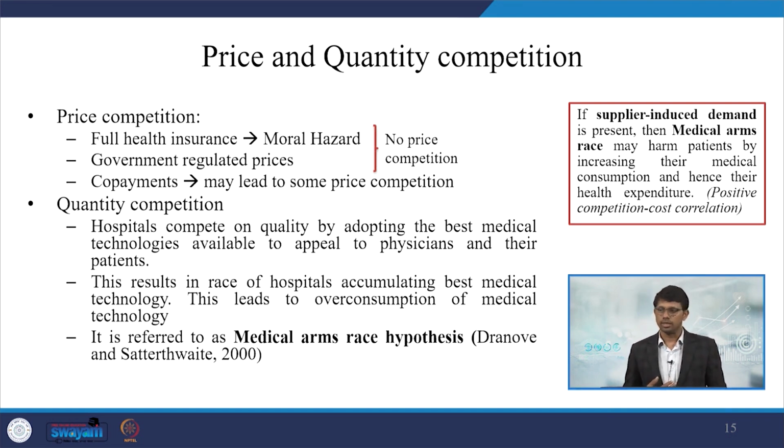Satterthwaite in 2000. If supply-induced demand is present, then the medical arms race may harm patients by increasing their medical consumption and hence their health expenditure, because the race to accumulate more technologies unnecessarily drives the demanders through the supply, and eventually results in higher medical consumption and expenditure.